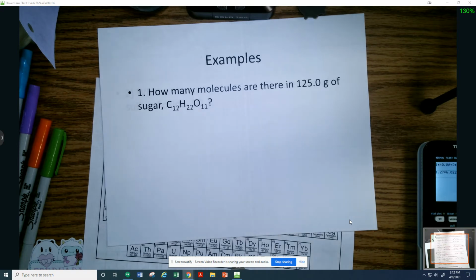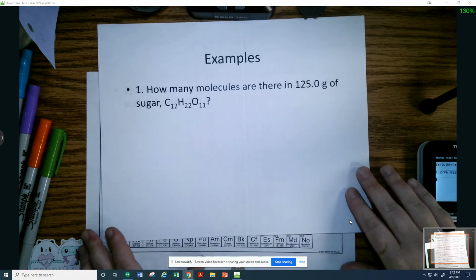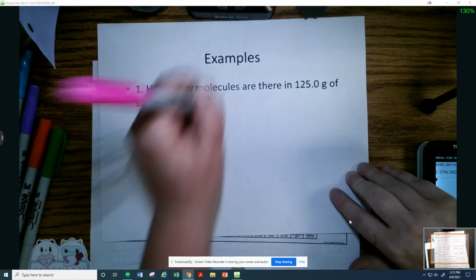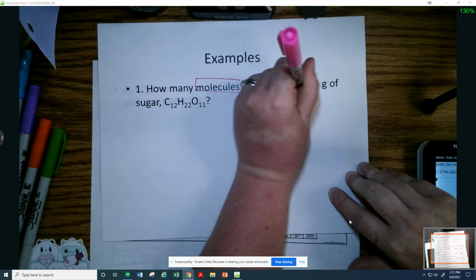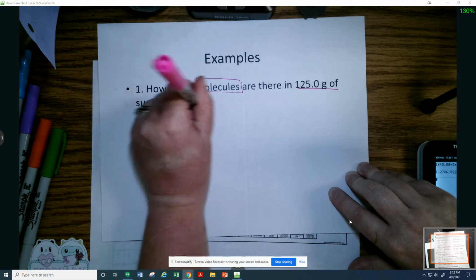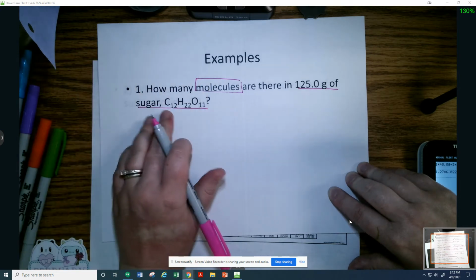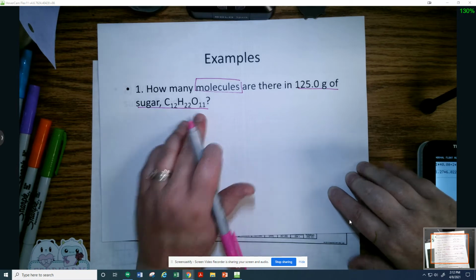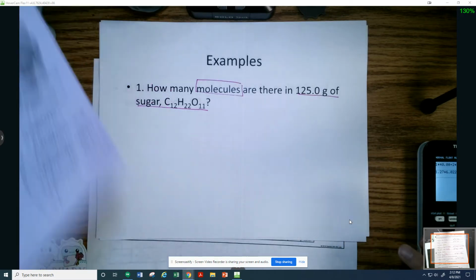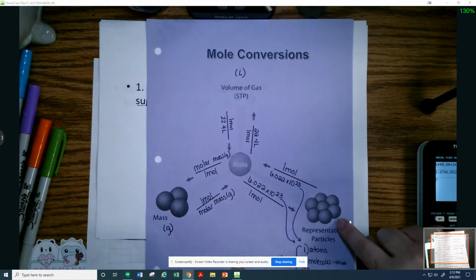When you take a look at this problem, it asks how many molecules, so this is what I'm solving for, are there in 125 grams of sugar? Common table sugar has a formula of C12H22O11. So when you take a look at your roadmap, it wants to know a representative particle.